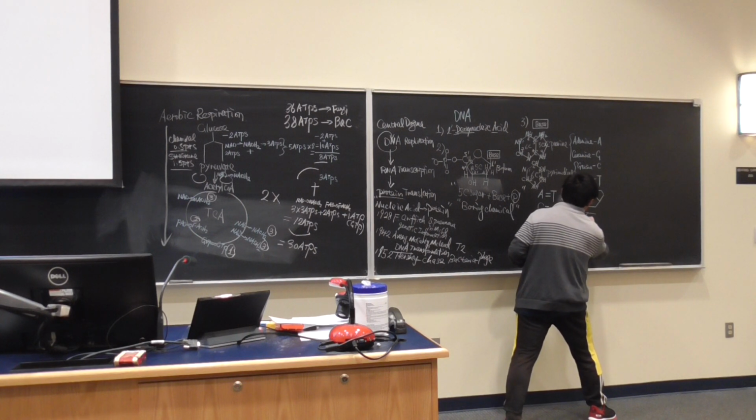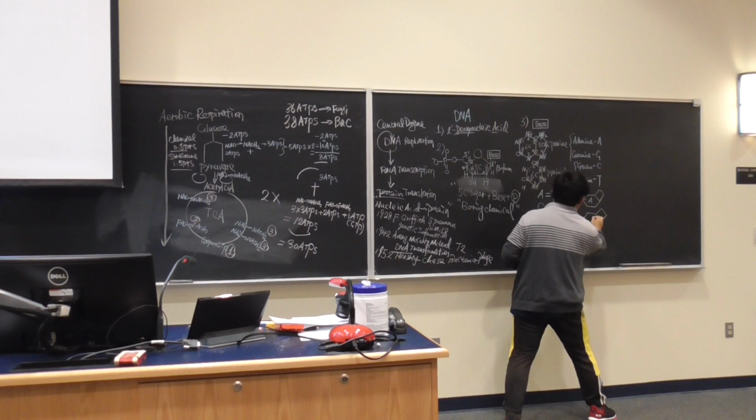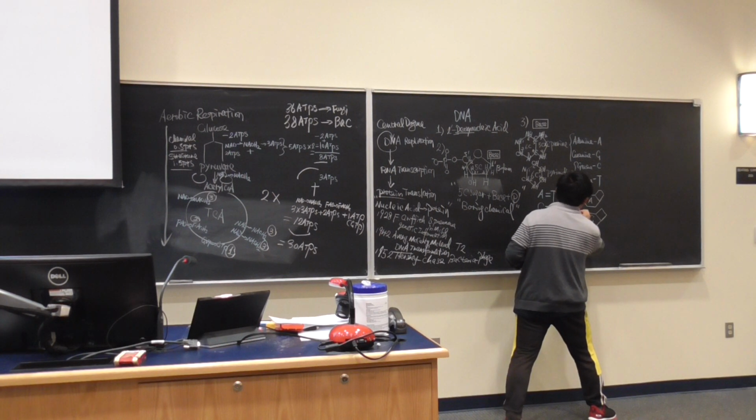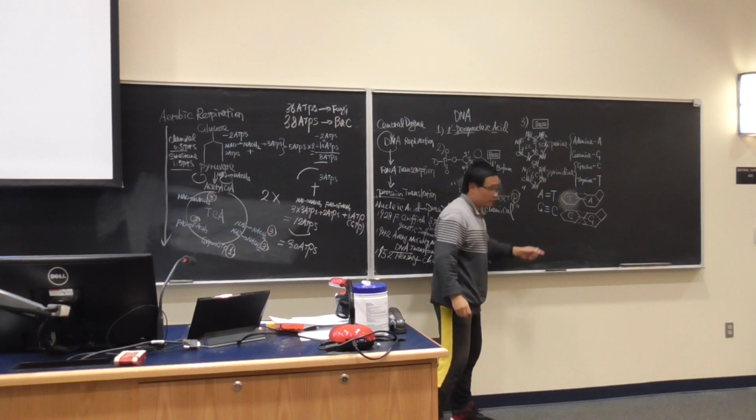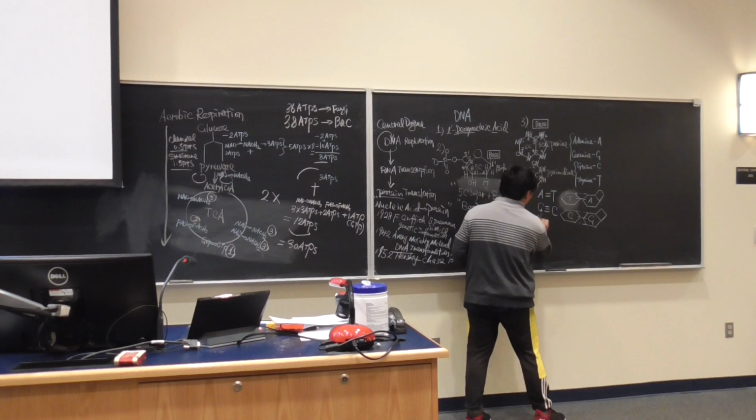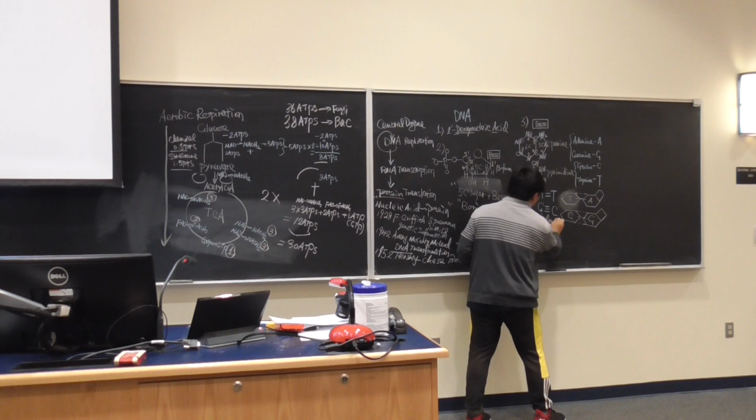It's a simple structure, so you understand. This is going to be C, this is going to be G, so we connected. What are the bonds connecting them? Hydrogen bonds.